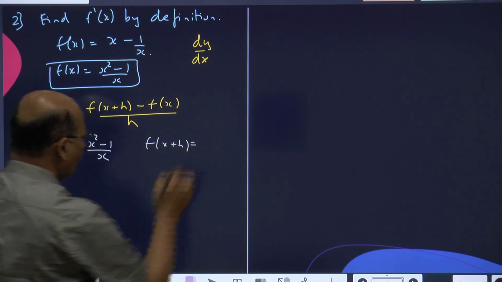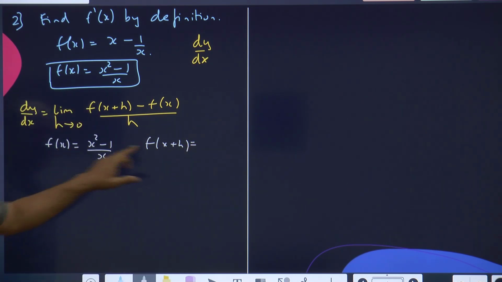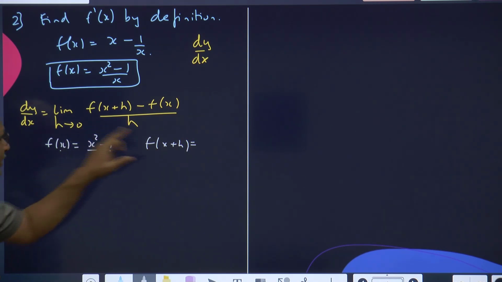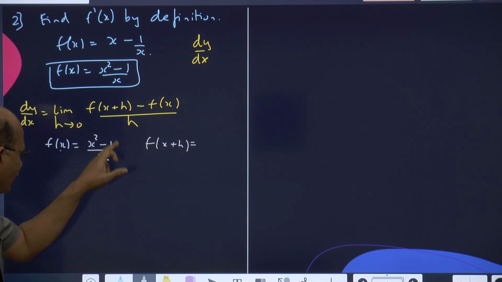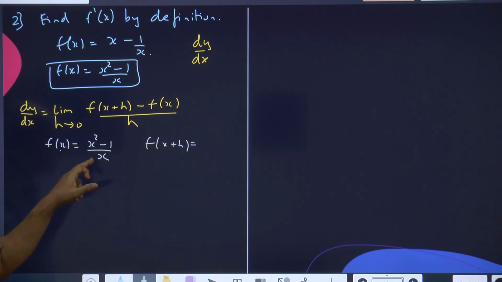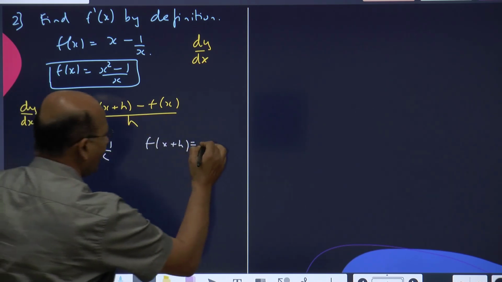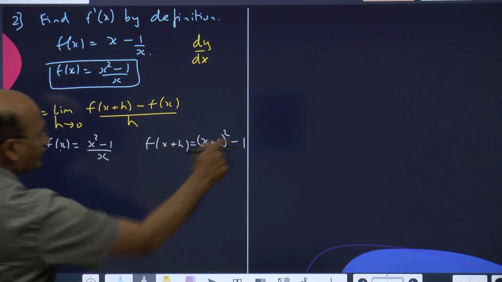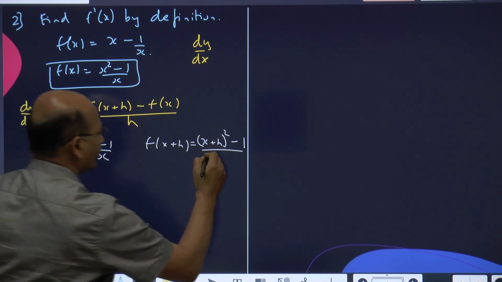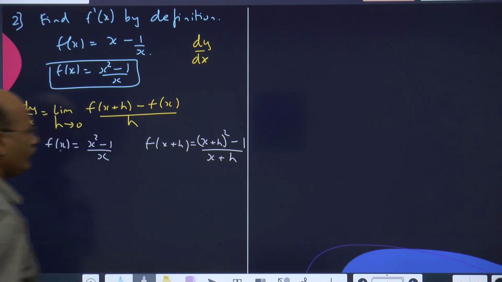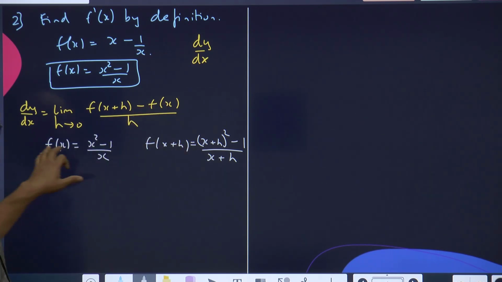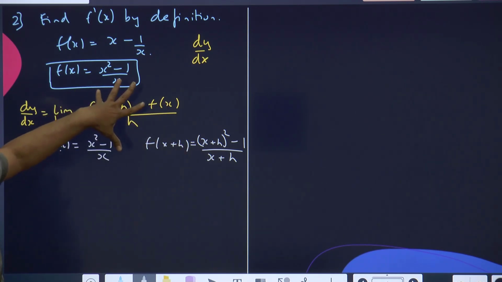In f of x plus h, x is replaced by x plus h. So x square becomes x plus h whole square, minus 1 upon x plus h. Once you get f of x plus h and f of x, take these and put them in the formula.